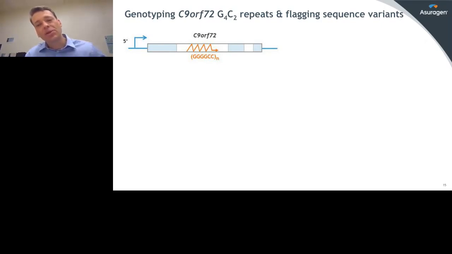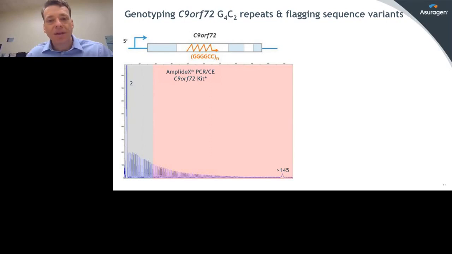It's a genetic bridge that links ALS and frontotemporal dementia. Repeat expansions at this locus are associated with about 5 to 10% of sporadic ALS and FTD, and about 35 to 40% of familial disease. But the expansions can be in the thousands. So this is really hard to amplify. So how do we do that?